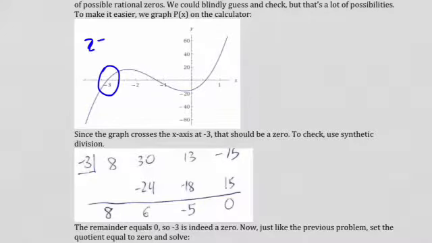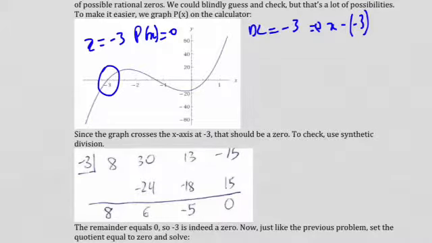So right away, I know that x equals -3 implies x minus -3 equals 0, or should I say x plus 3 equals 0.